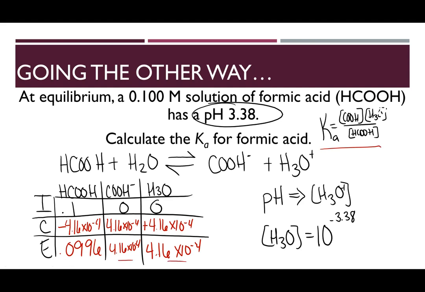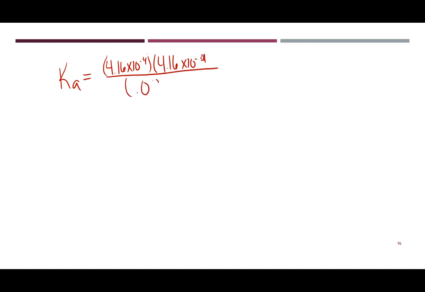Now we've got our numbers filled in our table. We can just plug and chug our way through it. So Ka equals 4.16 times 10 to the negative fourth times 4.16 times 10 to the negative fourth over 0.0996.